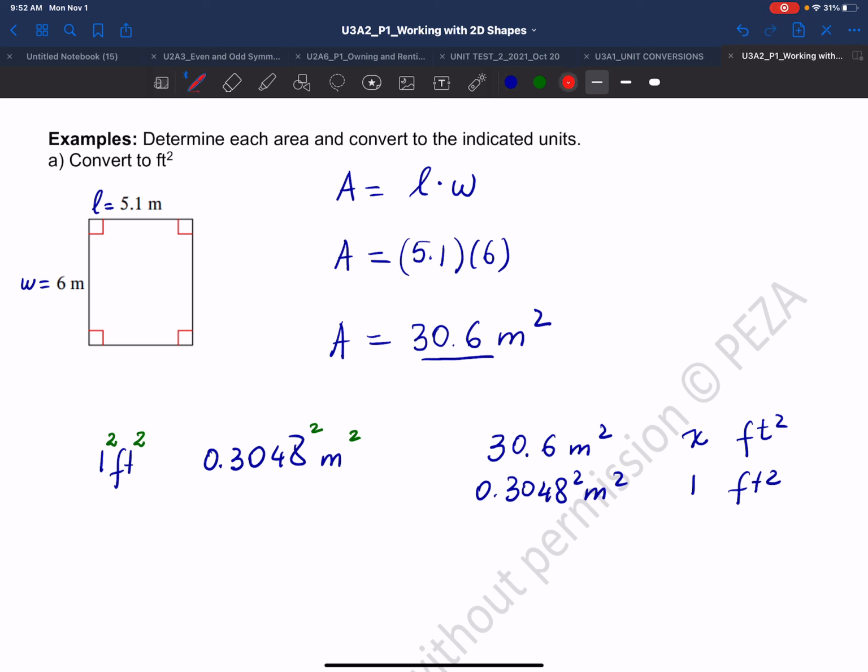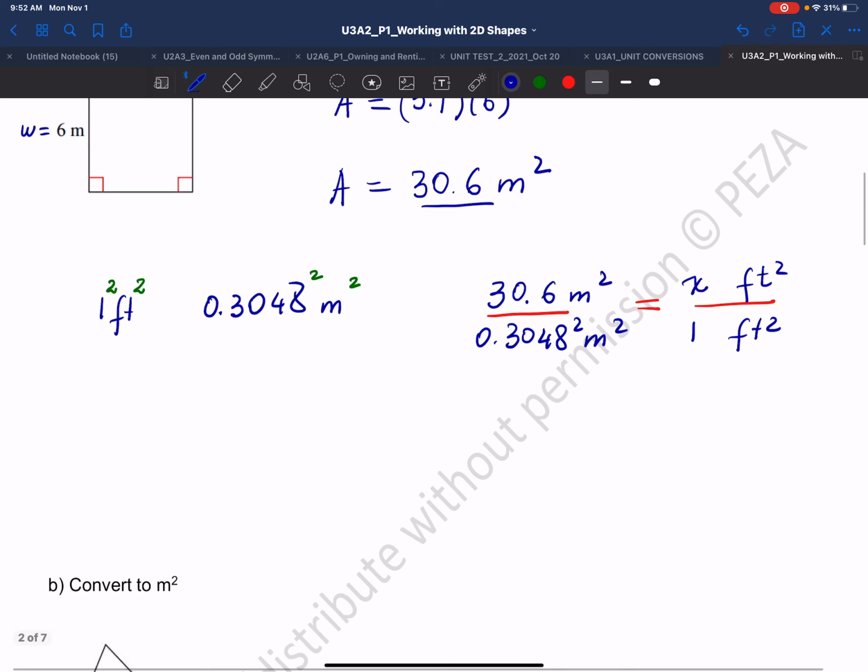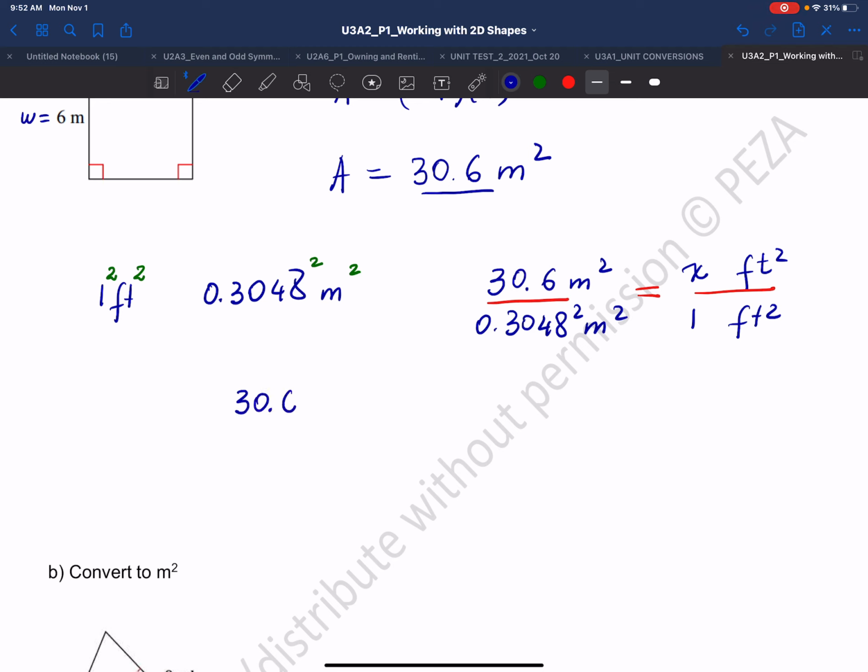With this, we create an equation, a fraction on each side connected by the equal sign. Instead of 0.3048 squared, you can write the value of it, but I would keep it in this form because it keeps the answer more accurate. If you square it, you will get more digits to describe this number.